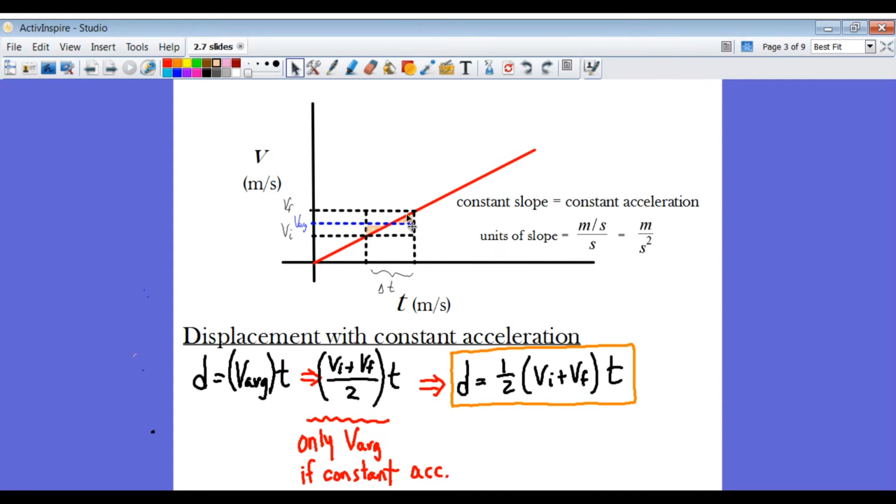That will only be true if this is a straight line. So my average velocity can be calculated by taking my initial velocity and my final velocity, adding them together and dividing by 2. And then I can just rewrite that displacement is 1/2 (VI plus VF) times time.